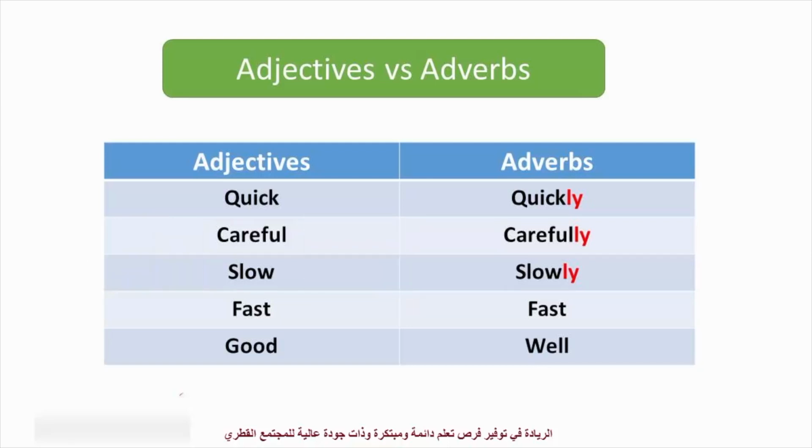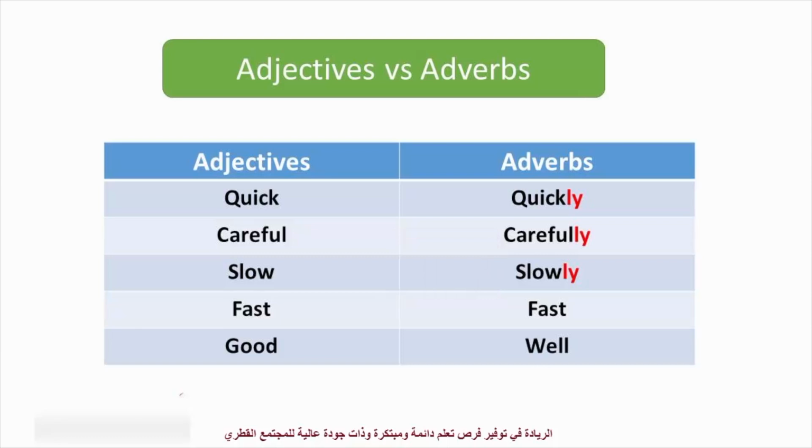On the other hand, we use adverbs to talk about or to modify a verb. For example, the boy runs quickly, the boy writes carefully, the boy runs slowly, the boy runs fast, the boy writes well, and so forth.